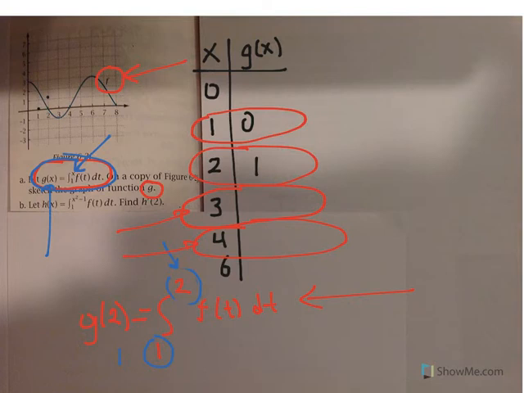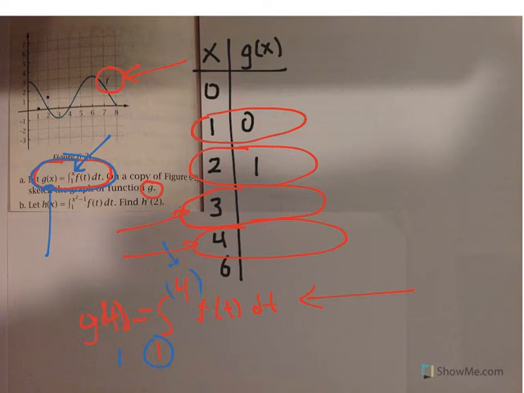So whatever the input is, that's what the upper limit of integration becomes. So if we're working with x equal to 4, the upper limit of integration will become 4.